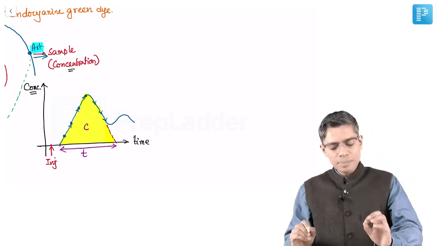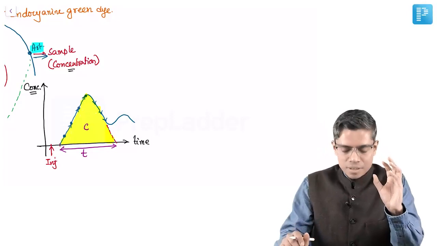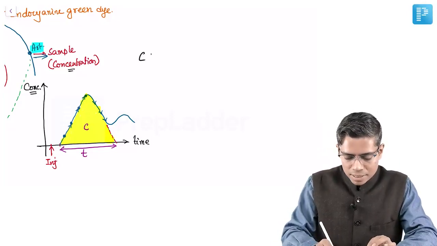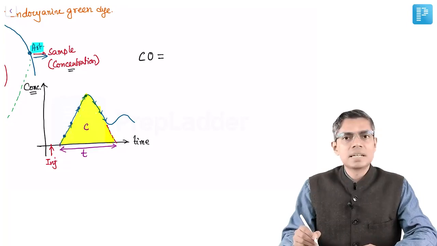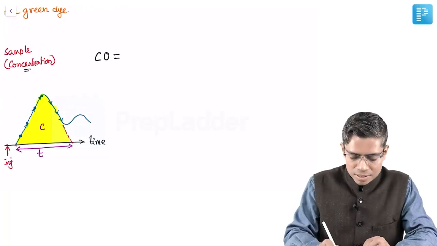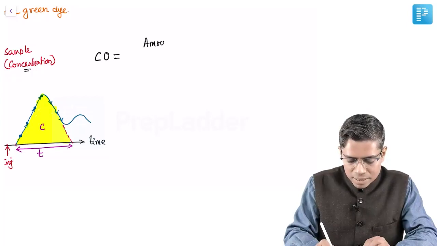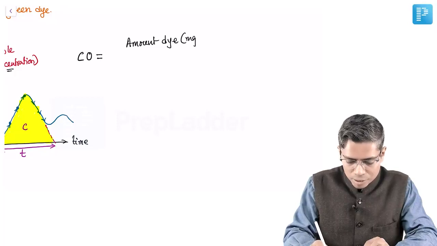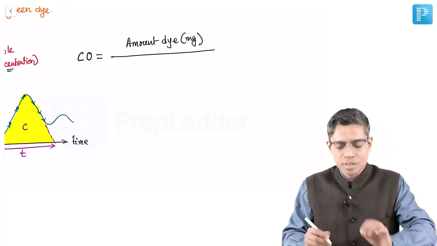If you can calculate this average concentration and time duration, then the formula for calculating cardiac output by this indicator dilution or dye dilution method is the amount of dye injected, suppose Q milligram, so the unit will be milligram, upon your time concentration.